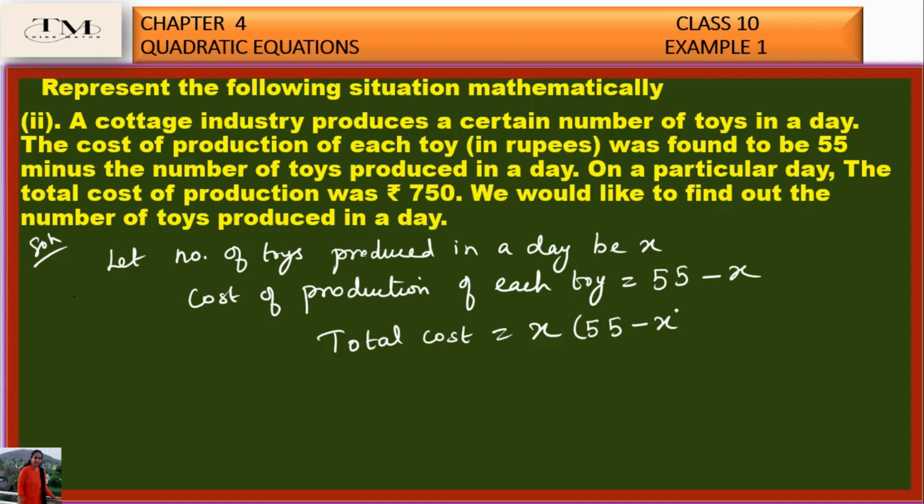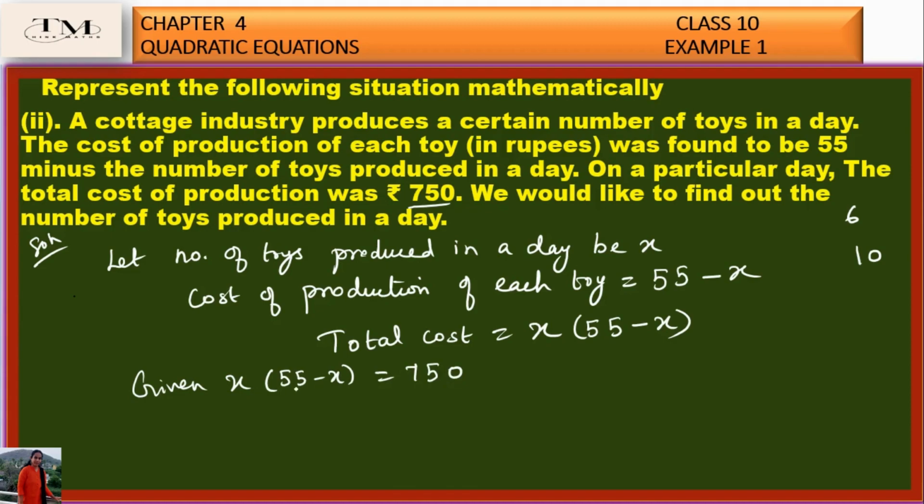If the number of toys is 6 and the cost of each toy is 10 rupees, then the total cost is 6 into 10. In the same way, we multiply here. So total cost equals x into 55 minus x. They gave the total cost as 750. So x into 55 minus x is 750.